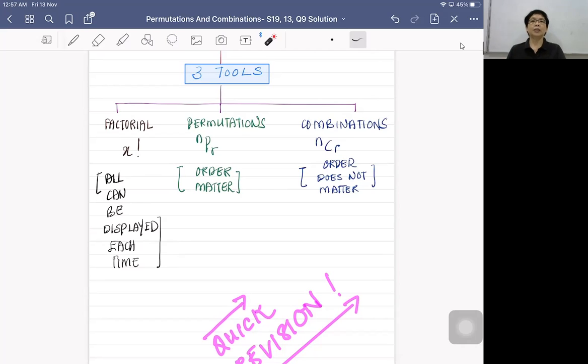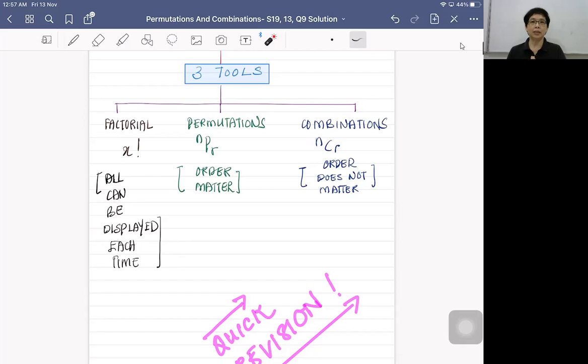The other one is when the order of arrangement does not matter. For example, you have 5 people in your room and only 3 chairs. In other words, each time only 3 people out of the 5 can take a seat.